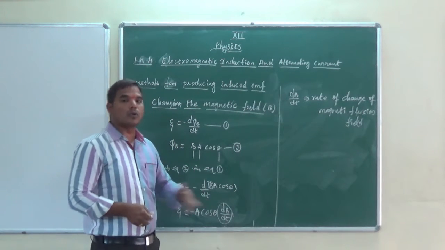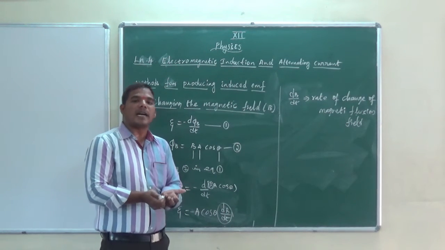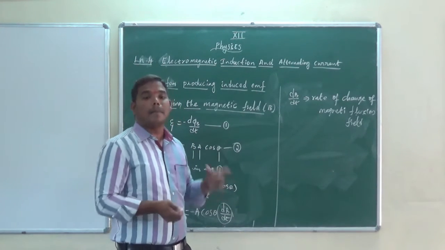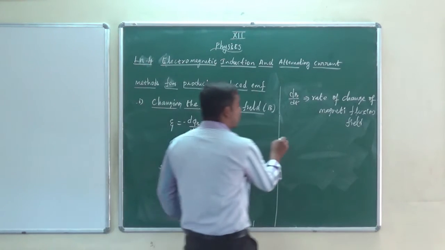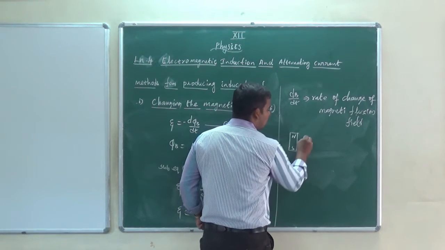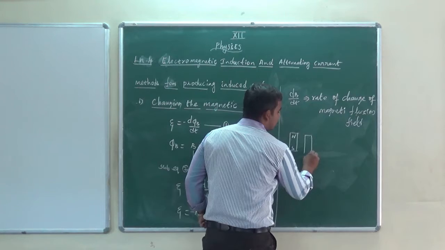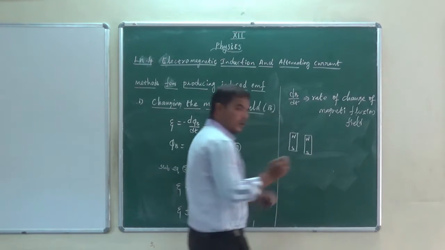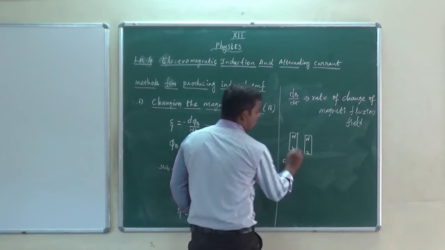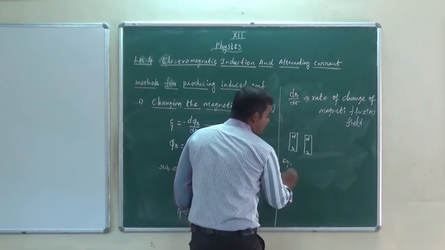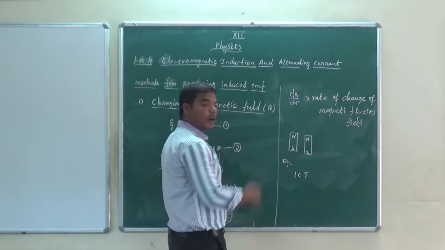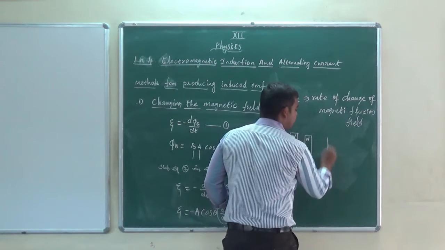When we change, how do we change? We have to increase the magnetic power. How to increase the magnetic power? We have to use the power of the magnet. Suppose I have taken two simple bar magnets, north and south pole. The power of this magnet, for example, is 10 Tesla. We have to increase the power of the magnet here.